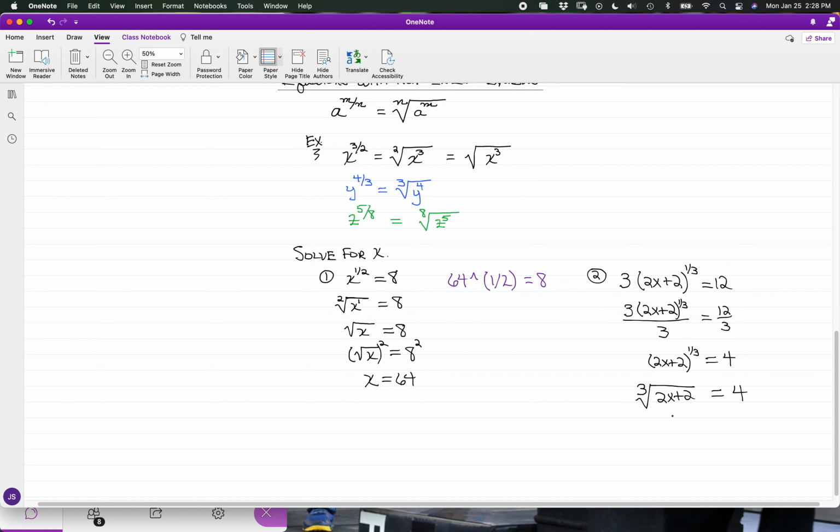So I have the cubic root of an expression set equal to 4, and I can take care of the radical. Just as I square to get rid of the square root, I'm going to cube to get rid of the cubic root.